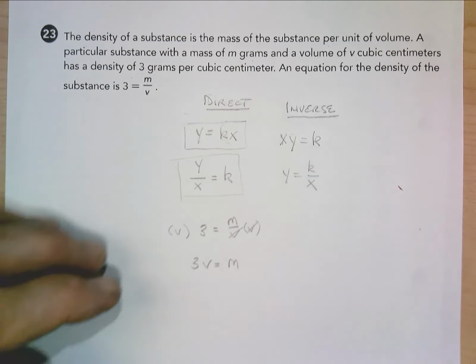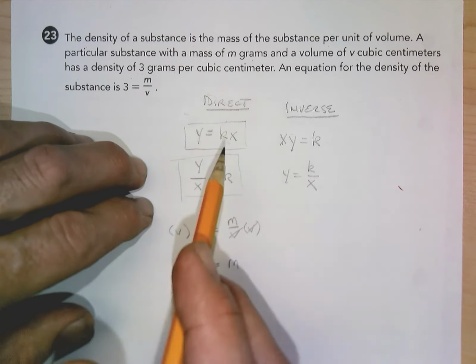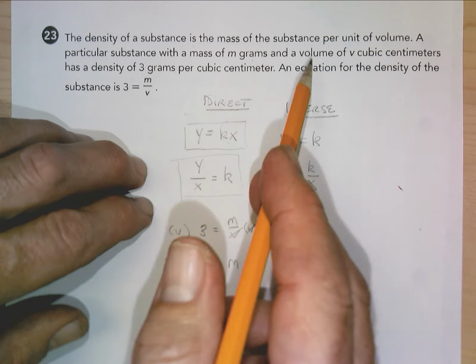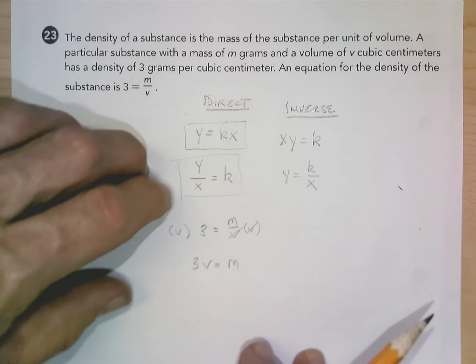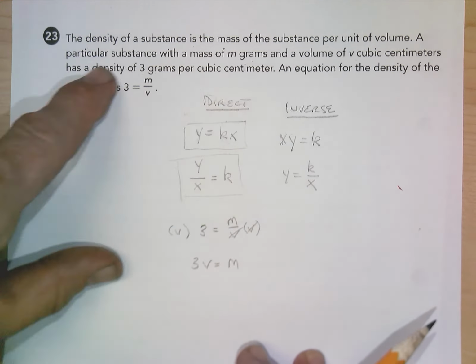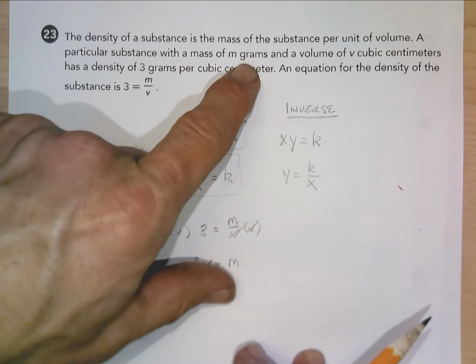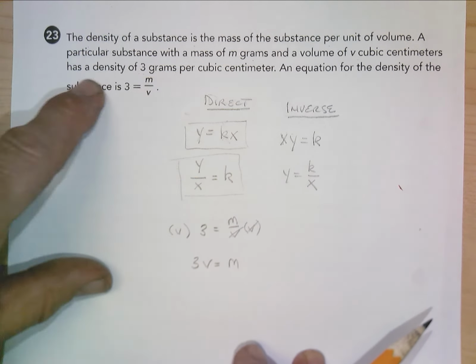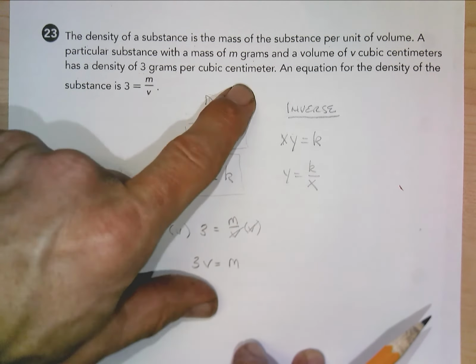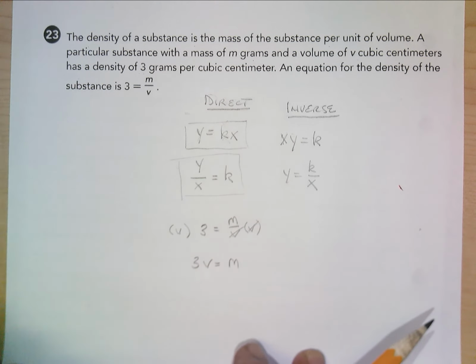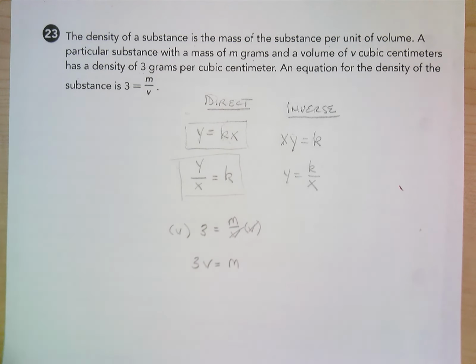So we have the density of a substance is the mass of the substance per unit volume. So what we're saying is a particular substance with a mass of m grams and a volume of v cubic centimeters has a density of 3 grams per cubic centimeter. So what we're trying to figure out is whether or not mass and volume increase together.